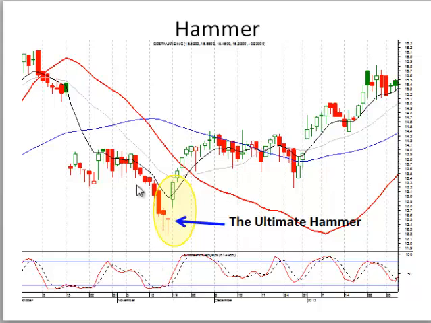And as demonstrated in this chart, after an excessive downtrend, stochastics in the oversold area, we have a hammer signal followed by another hammer signal. And the ultimate hammer signal, obviously, is a dragonfly doji, where they open it at the top, take it down, and close it right back at the top. So you have a doji hammer, and then what do we want to see the next day?